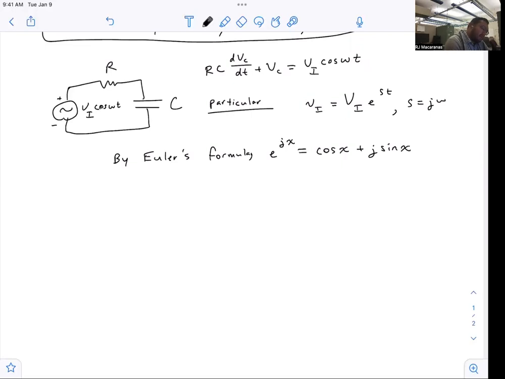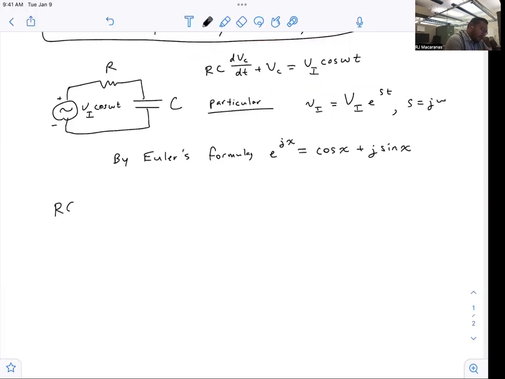And so if we look at the response due to this new input, Vi e to the st, we can take the real part of that response. So this cosine part is the real part. So if we find the real part of this, then it'll give us the solution that we desire here.